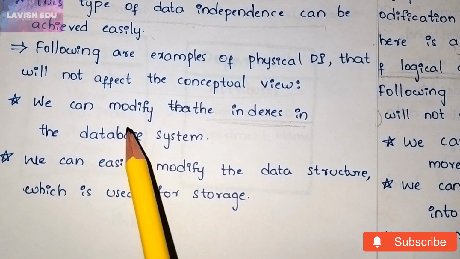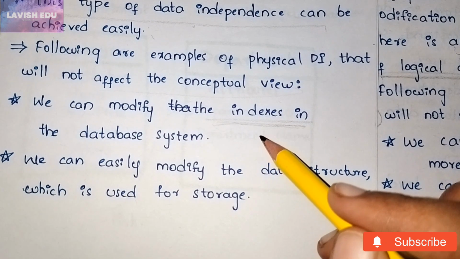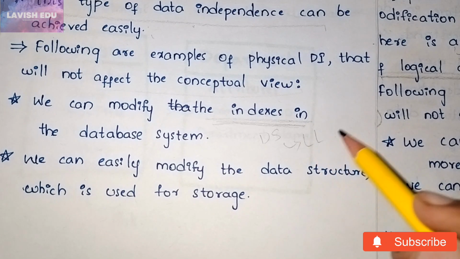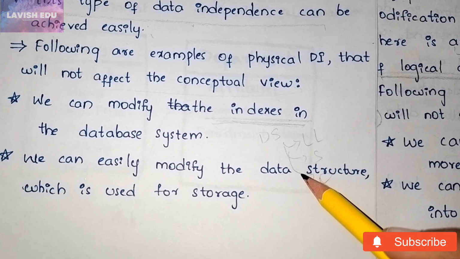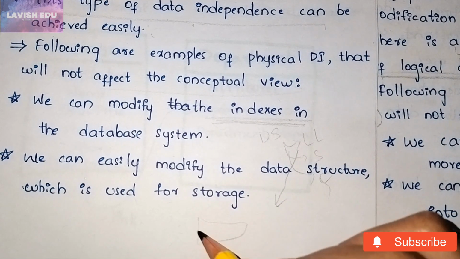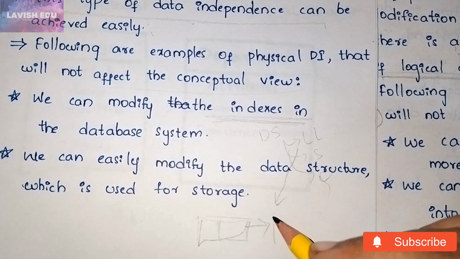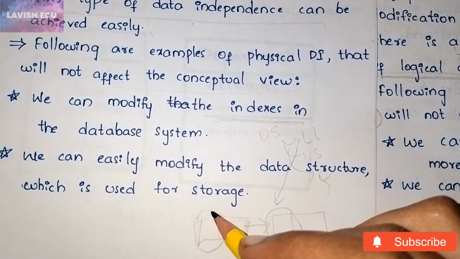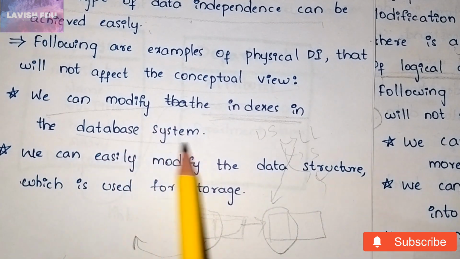If you have already gone through data structures concepts, we have linked lists, stacks, and queues. These linked lists are stored with the help of indexes. Every node has an index value which is connected to another index value. If we change these indexes in the physical level, it won't affect the logical level.